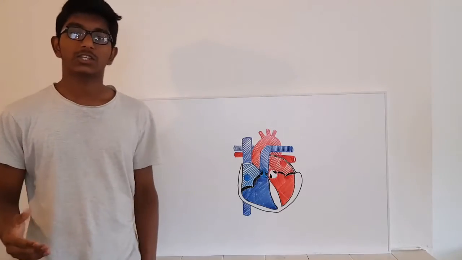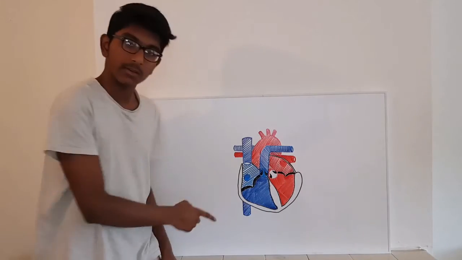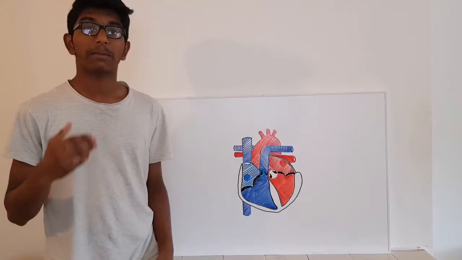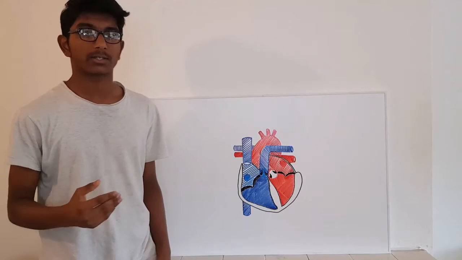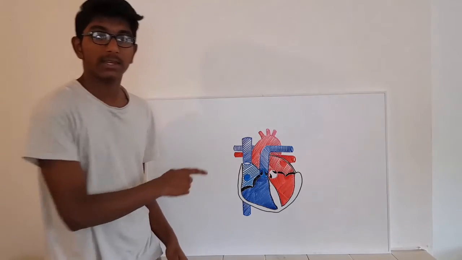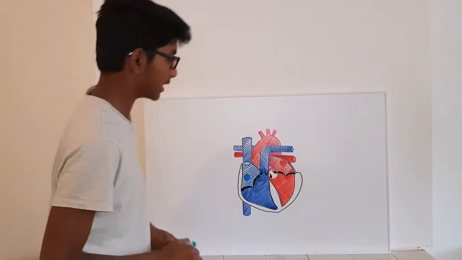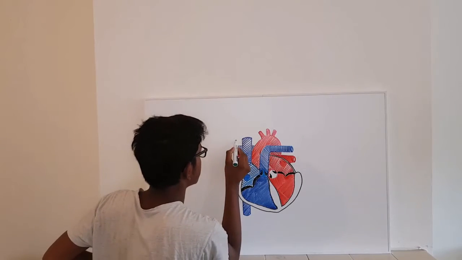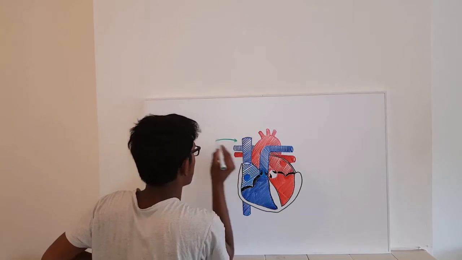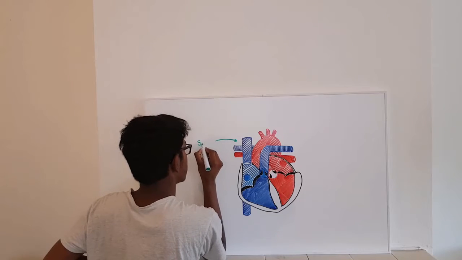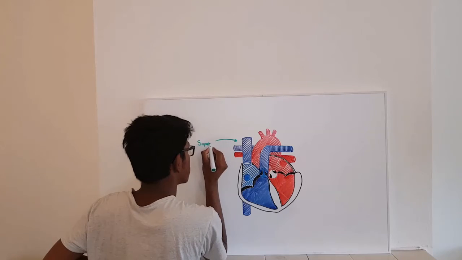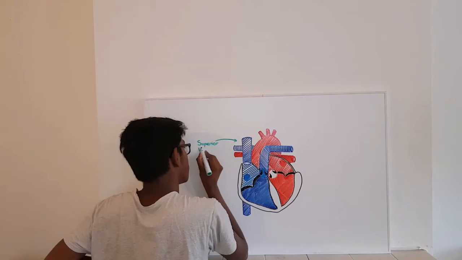Our journey begins with these two veins. This means that they bring blood to the heart. So the top vein is called the superior vena cava. Let me just write that down. The superior vena cava.